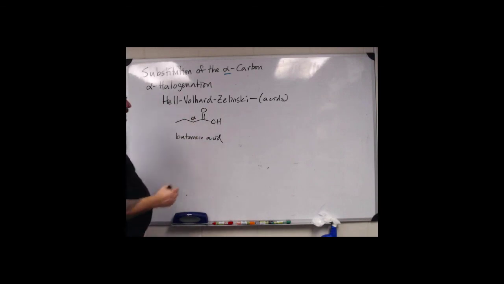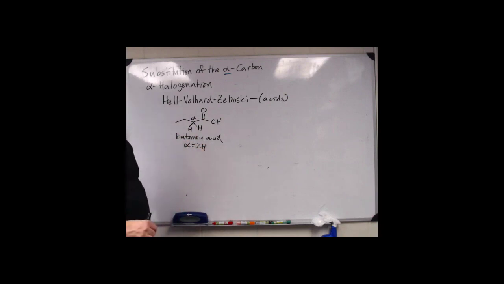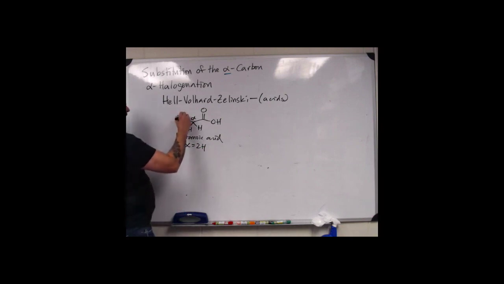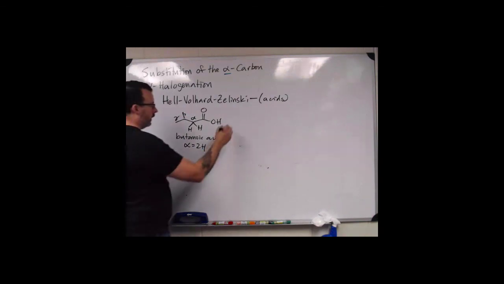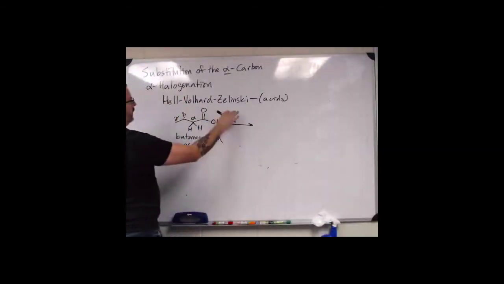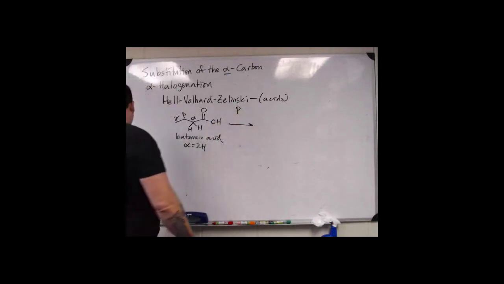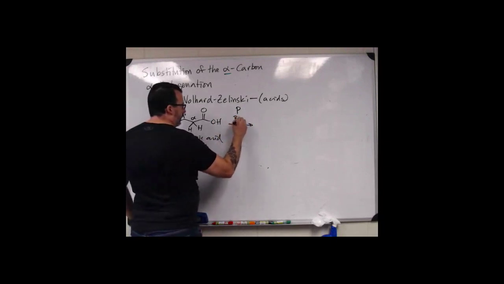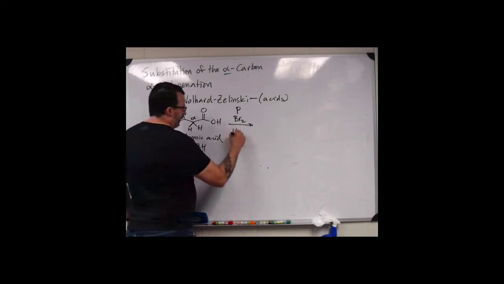So alpha has two H's. One of them is going to be substituted. Nothing happens at the beta or the gamma positions because they're not acidic. Under these conditions of HVZ, we're treating with elemental phosphorus, molecular bromine, and then we're doing an aqueous workup.